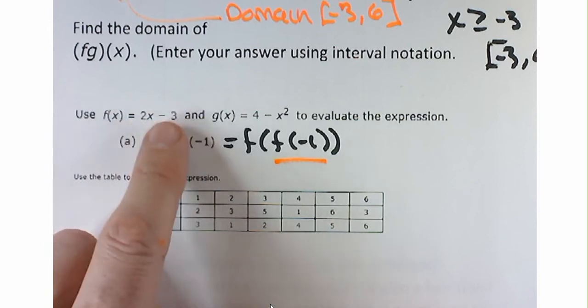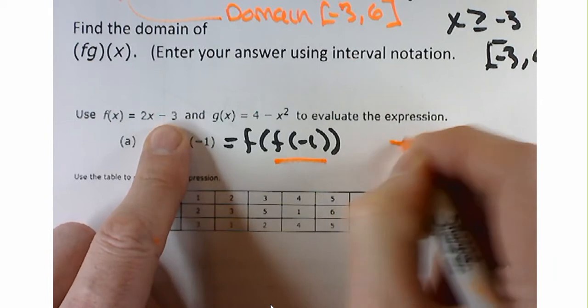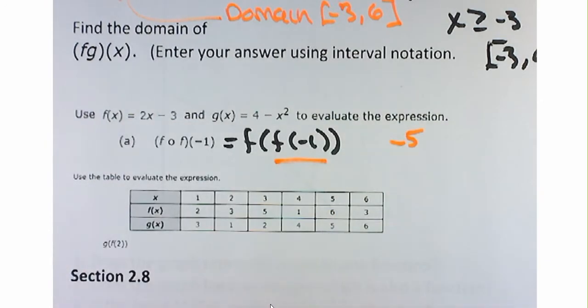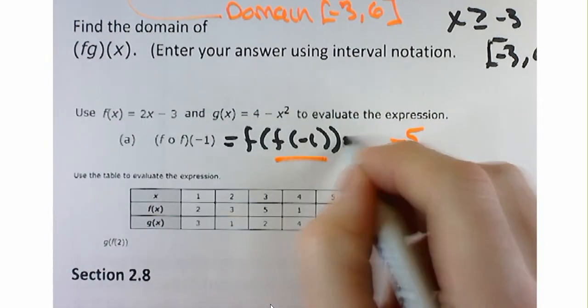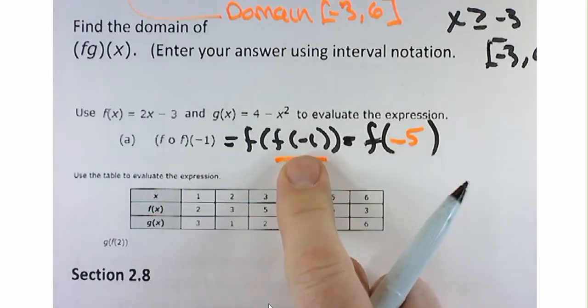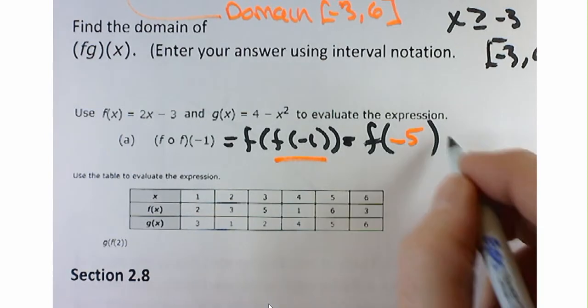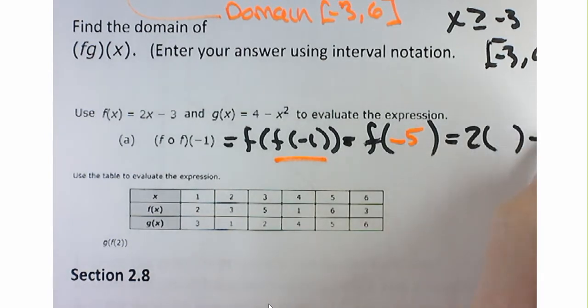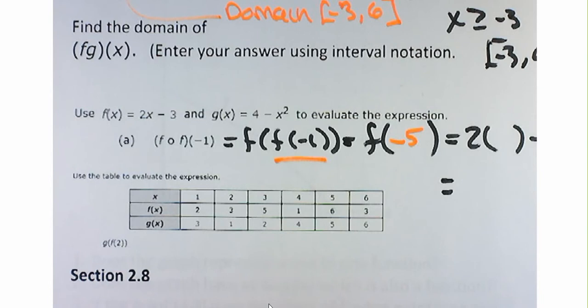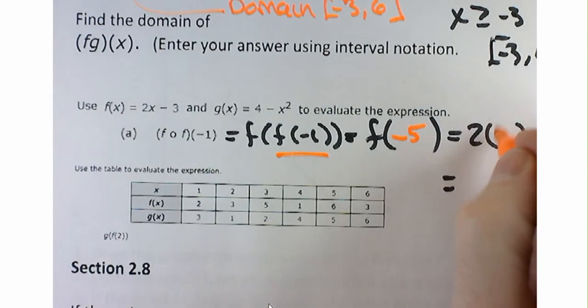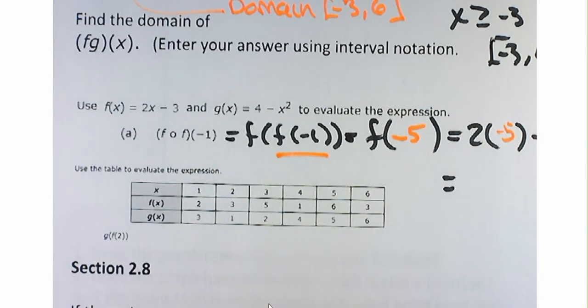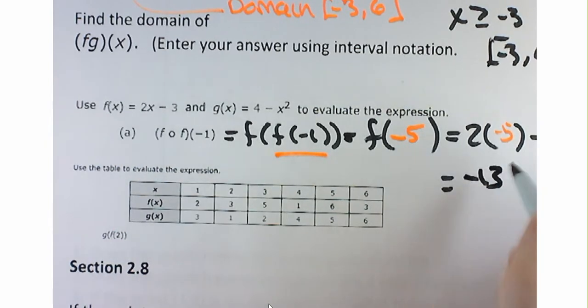Negative 2 minus 3 is negative 5. So what I get is this is equal to f of negative 5. Okay, we'll put negative 5 into that expression, and end up with negative 10 minus 3 gives me negative 13. Done. That's all you're looking for there.